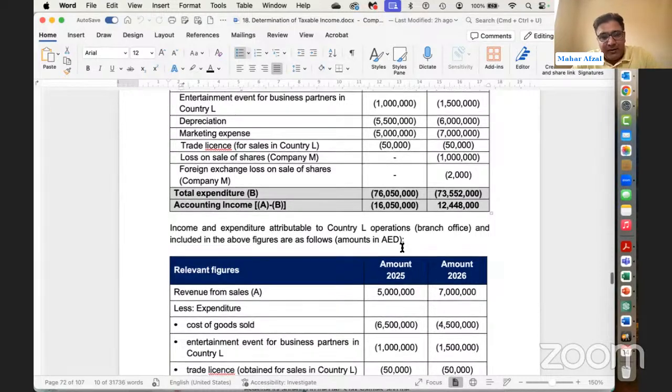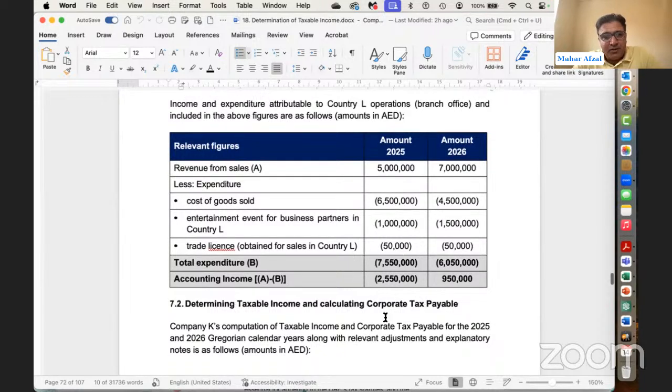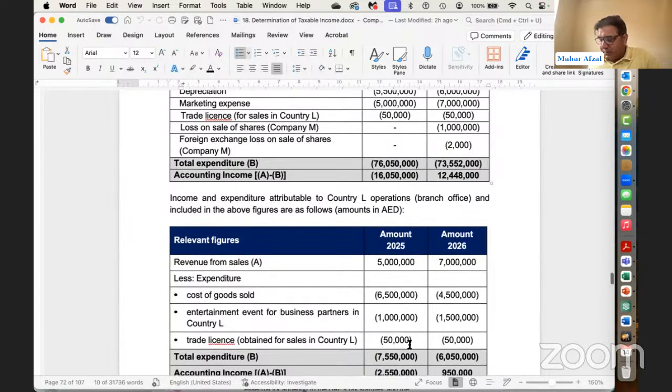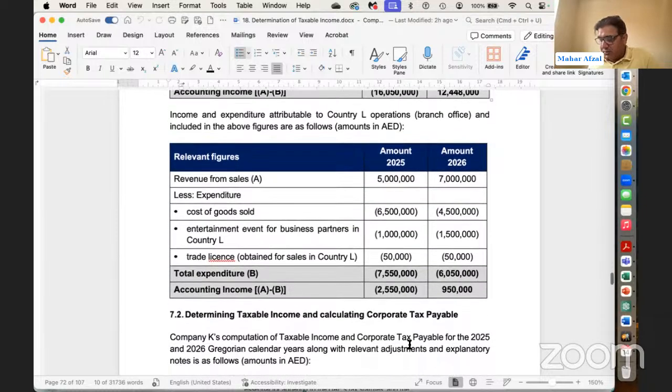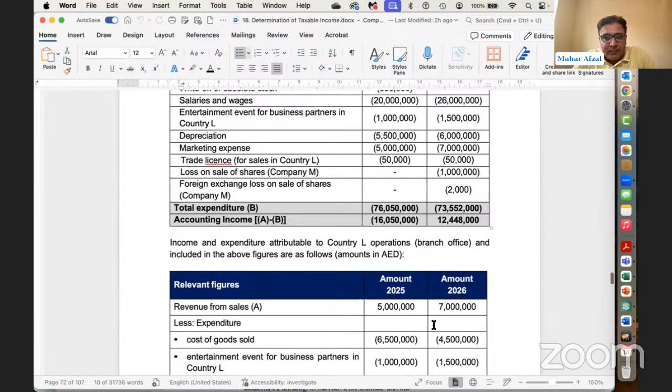I need to eliminate the branch, and the branch loss is 2,550. If I remove this branch loss of 2,550 from the negative 16,050, the remaining loss after eliminating is 13,500.